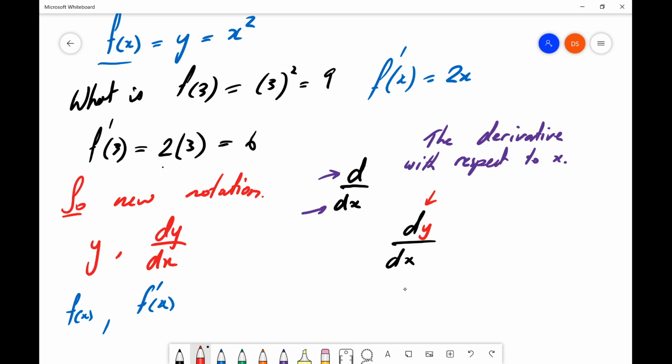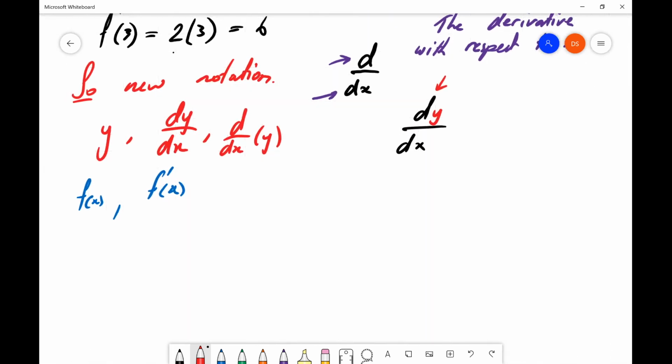Yes, but the black notation is the derivative notation. And that's really important. And so when I write this, the y is the function. So sometimes you might see this written as d over dx of y, because it's a little clearer that way.